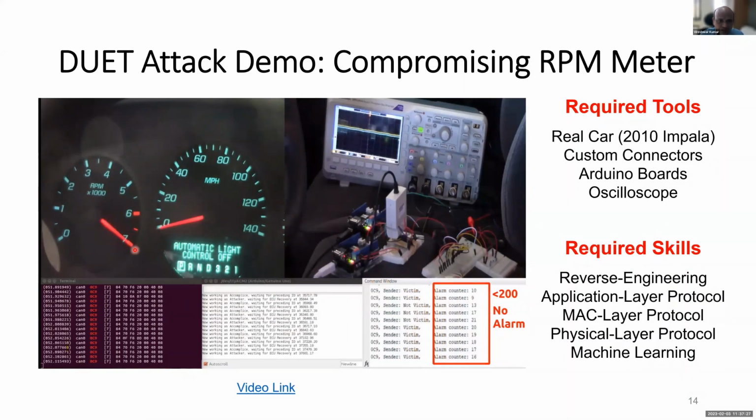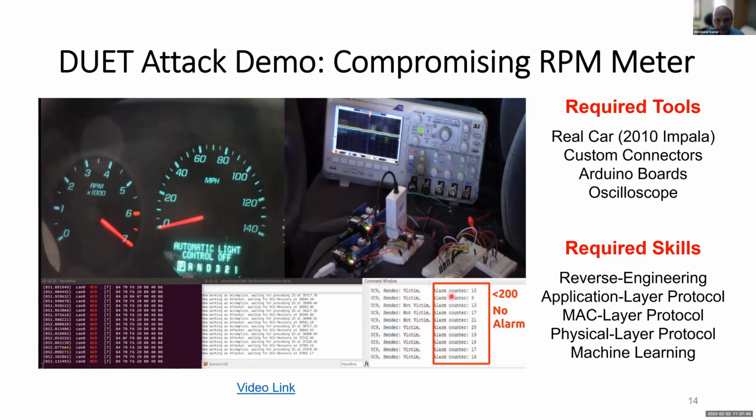So this is definitely a malicious number that is being shown to the driver over the dashboard, and the corresponding traffic is shown here. So the attacker is manipulating the whole network in order to launch this attack.